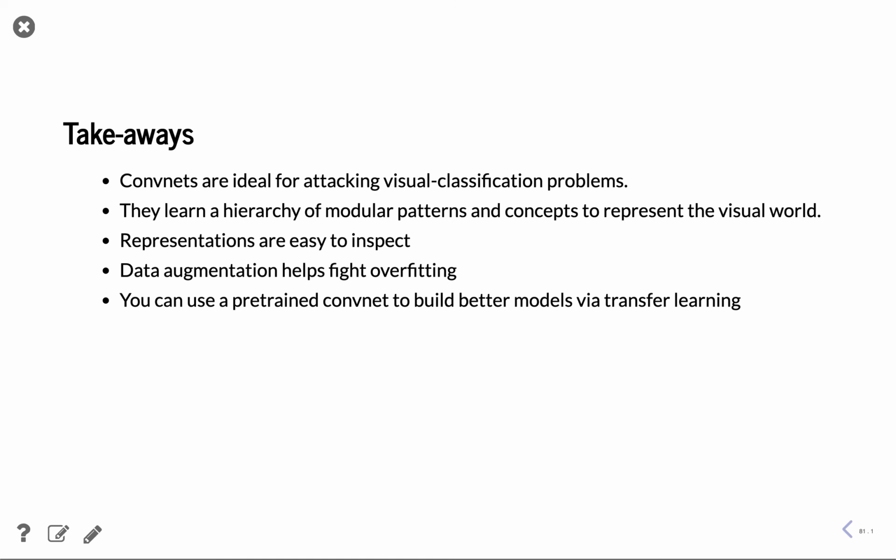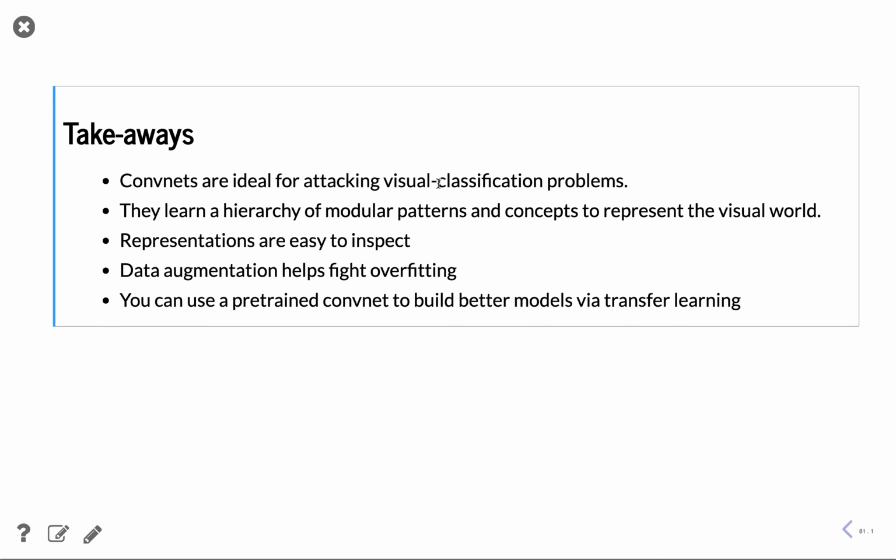Okay, great. So we've learned that convolutional nets are ideal for attacking all kinds of visual classification problems. And it's not really limited to visual. It's useful for any type of contextual information. It also works for sounds or video. It even helps for text because there's a context that you want to take into account. They learn efficiently on image data because they learn a hierarchy of patterns.